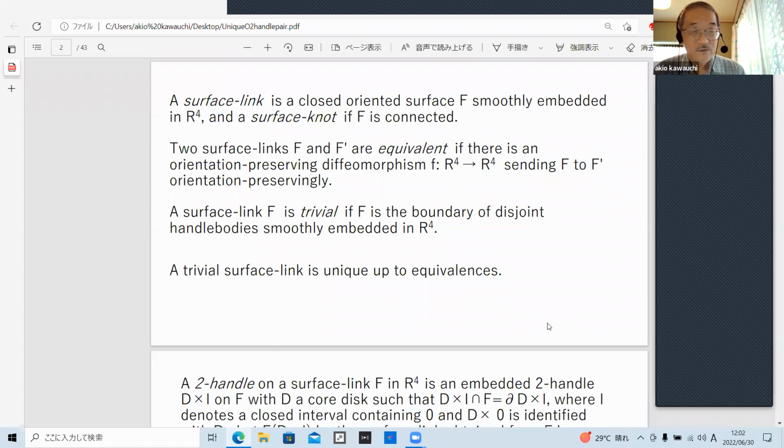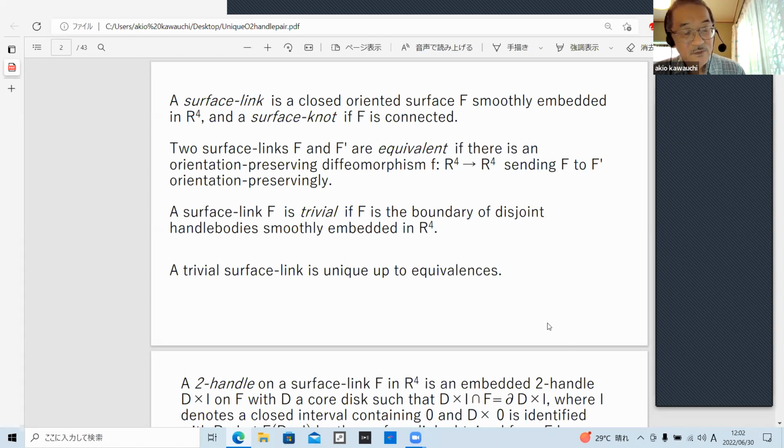So, standard terminology: two surface links F and F' are equivalent if there is an orientation-preserving diffeomorphism of R^4 sending F to F'. A surface link F is trivial if F is the boundary of disjoint handlebodies smoothly embedded in R^4.